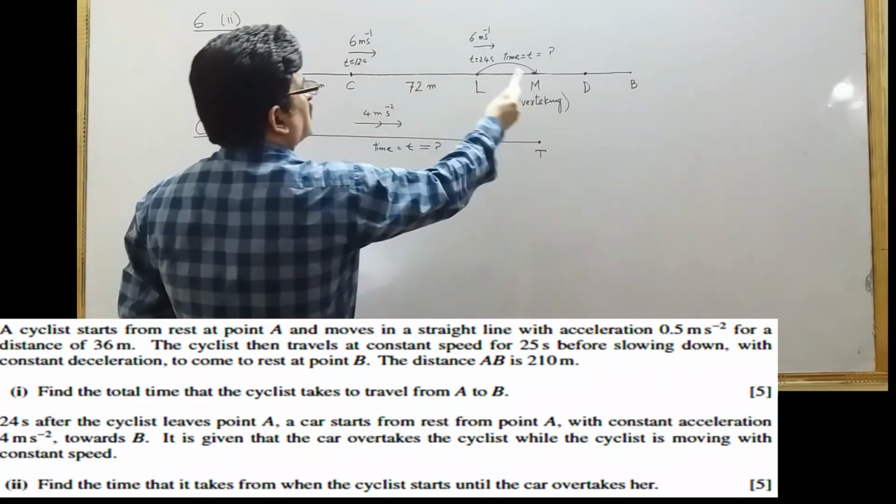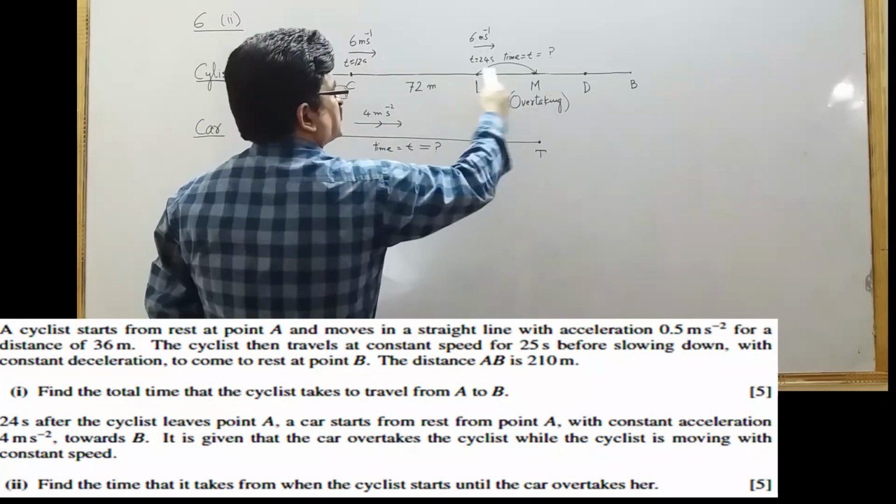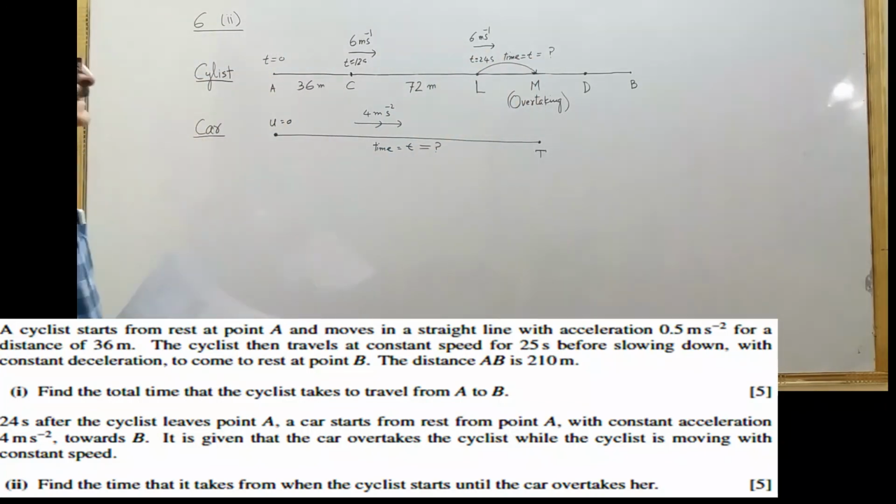From C to D, the cyclist moves with constant velocity.